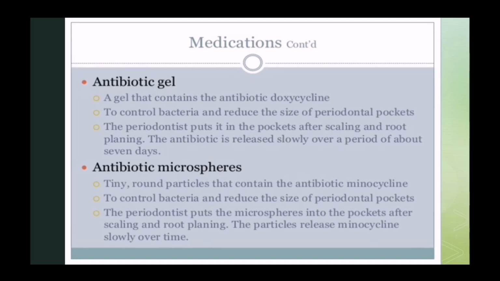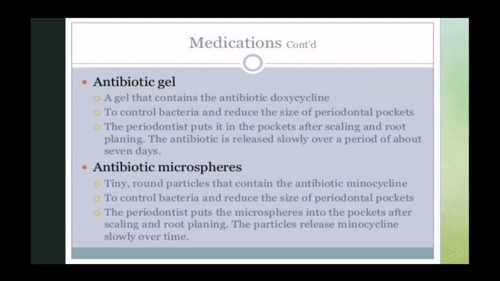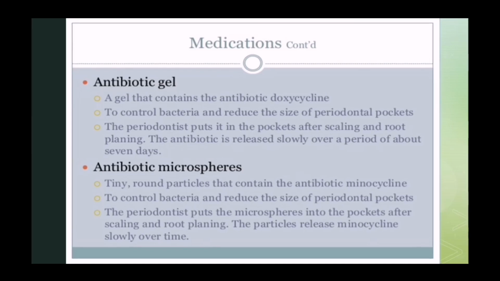Antibiotic microspheres are tiny round particles that contain the antibiotic minocycline to control bacteria and reduce the size of periodontal pockets. The periodontist puts the microspheres into the pocket after scaling and root planing. The particles release minocycline slowly over time.